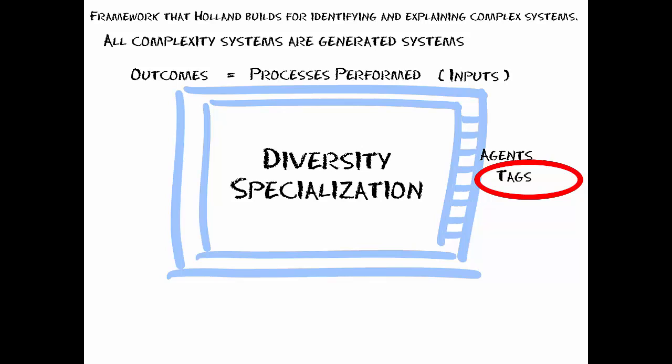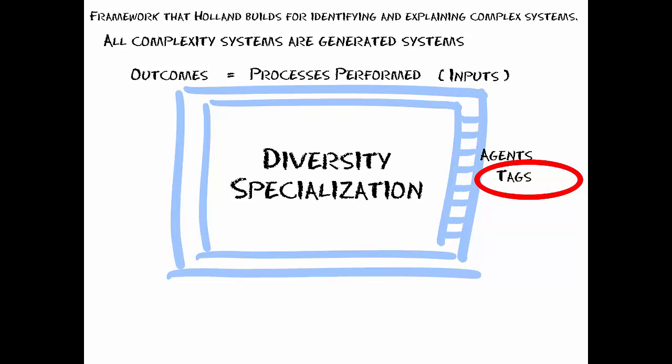The tag might just be that the agent is green, not any specific color of green. And so when it gets inside the actual process, the process has to deal with all different levels of greenness, if you will. So it has to be able to deal with a diverse thing about the agent, but also with regards to these tags, there are multiple tags, and yet the agent gets into the process simultaneously.